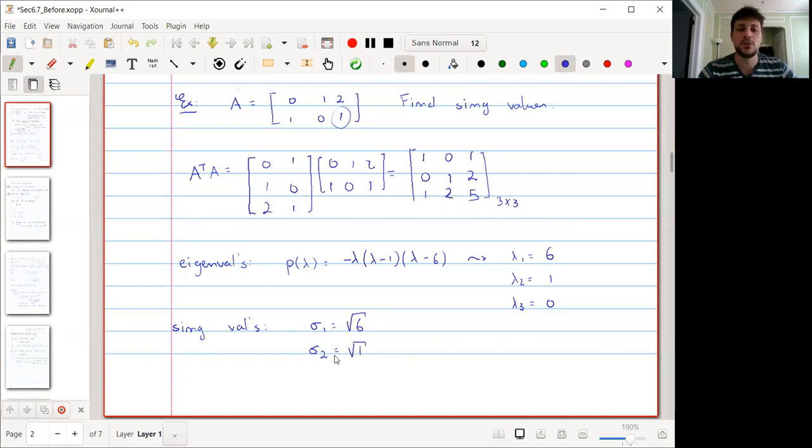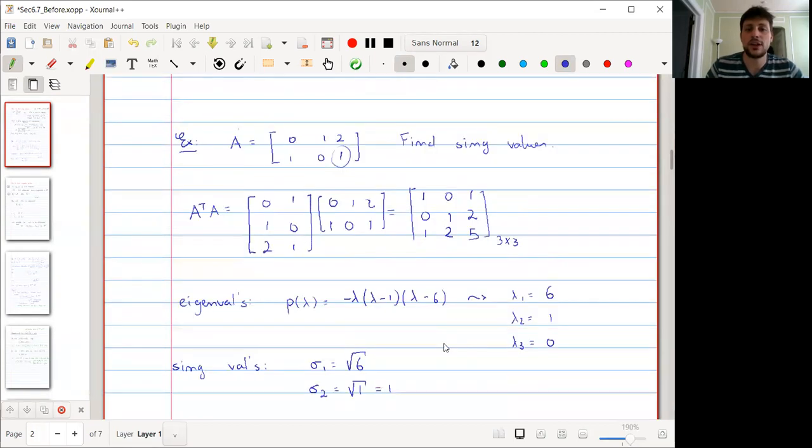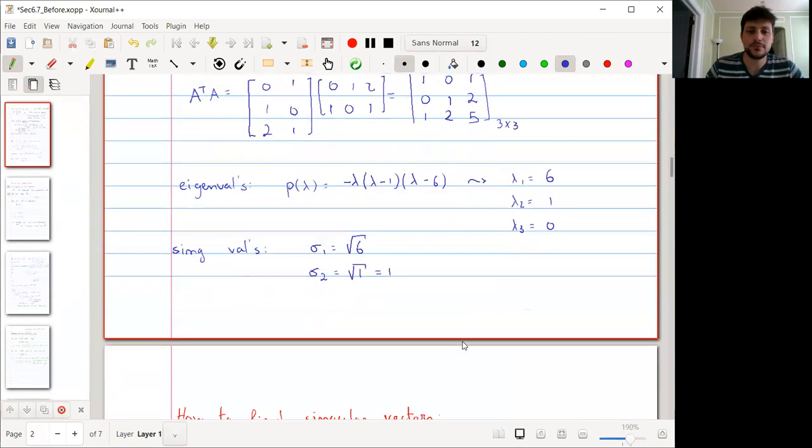So there's going to be two singular values, sigma 1 and sigma 2, and they're going to be the square root of 6 and the square root of 1, which is nothing but 1 itself. Okay, so that's how you find singular values. Compute A transpose A and find the eigenvalues of it.